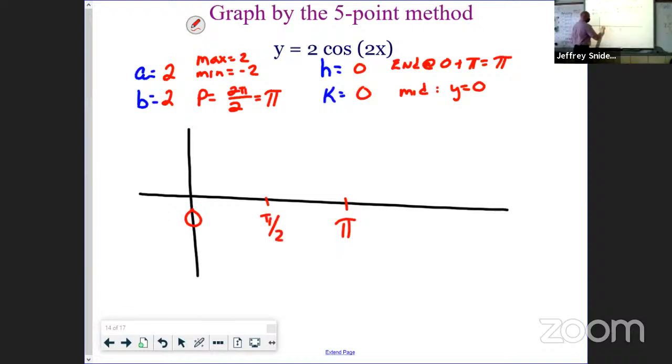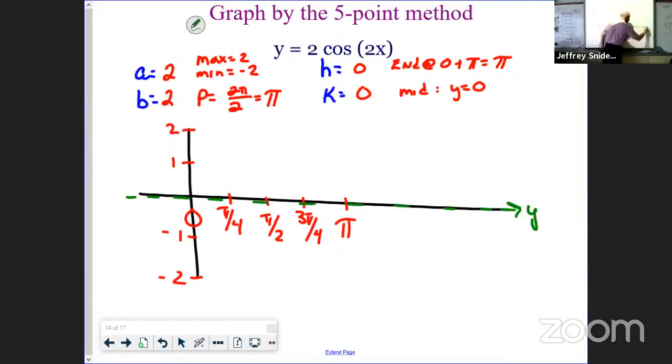Pi over 2, pi over 4, 3 pi over 4. Done with that. Now I'm going to go up my axes and label those. I need to go up a max of 2. So here's 1, here's 2, and down a minimum, -2. I can draw my midline. There it is, and now we can graph our function.